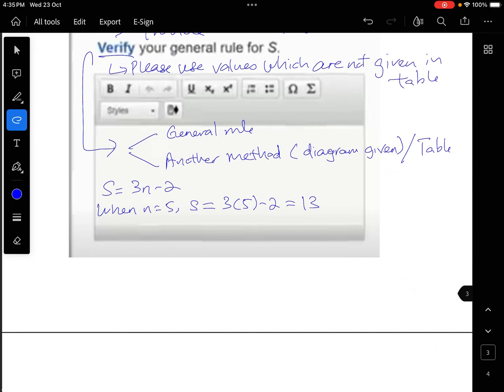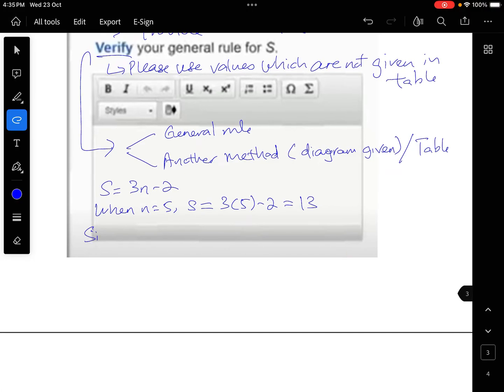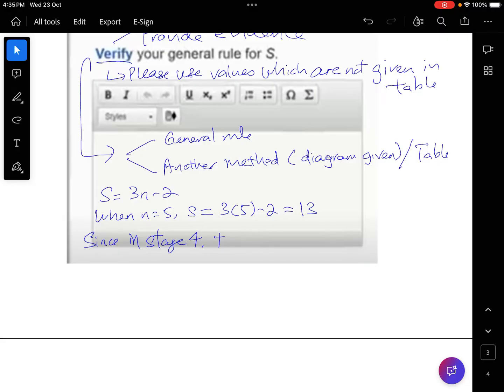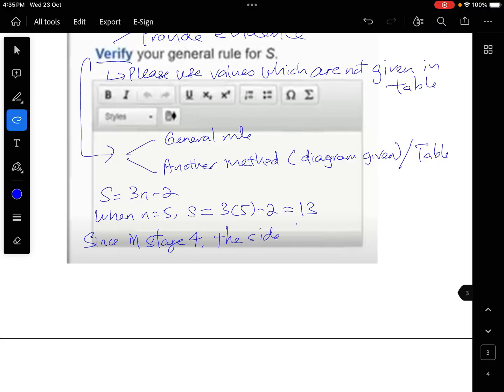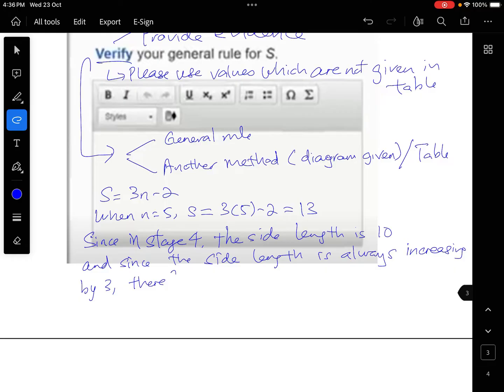So what I could do is, since in stage 4 the side length is 10, and since the side length is always increasing by 3, therefore the length in stage 5 will be 10 plus 3 equal to 13.